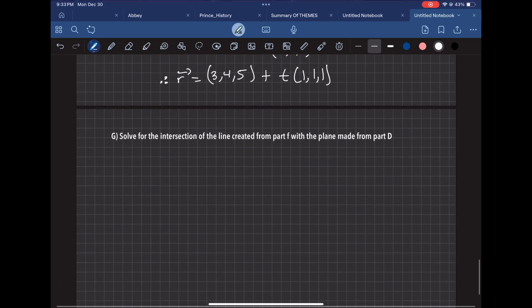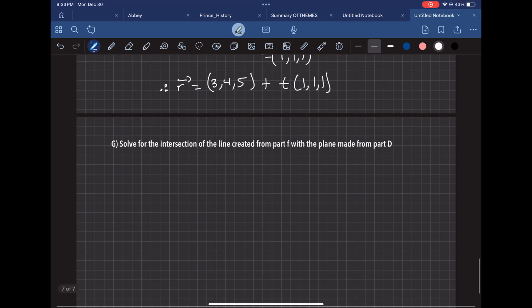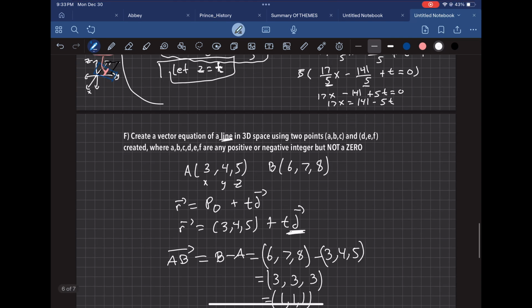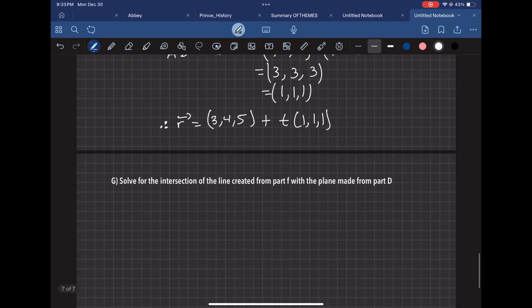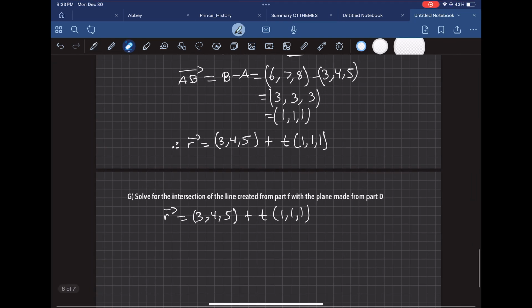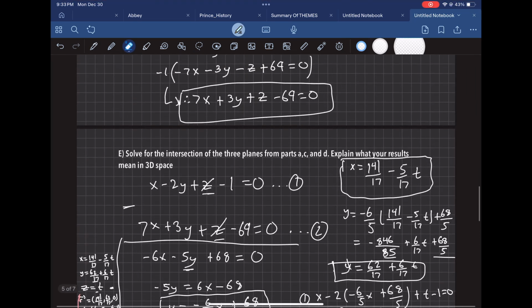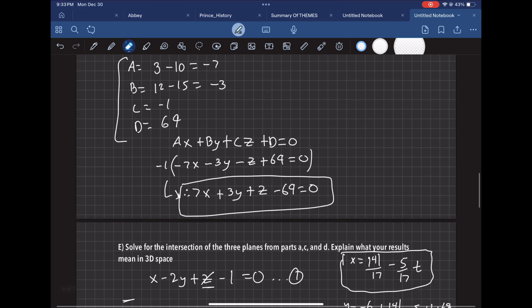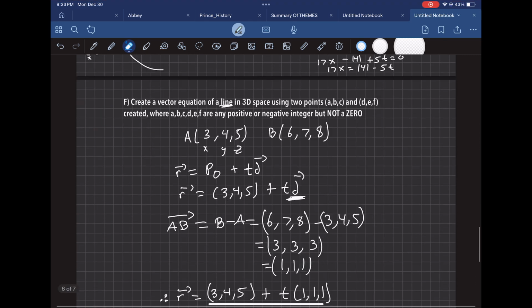Now the final question asks us to solve for the intersection of the line created from part F with a plane from part D. So the line created from part F is this right here, 3, 4, 5 plus t 1, 1, 1, and the plane made from part D is 7x plus 3y plus z minus 69 equals 0.